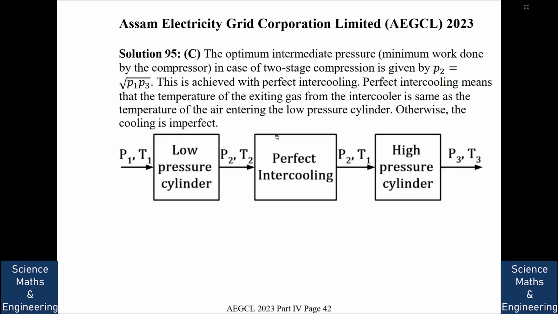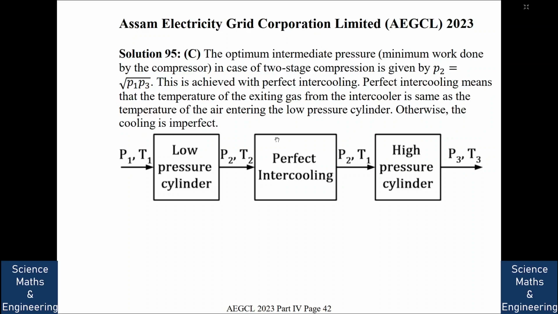So what is perfect intercooling? Perfect intercooling means that the temperature of the exiting gas from the intercooler is the same as the temperature of the air entering the low pressure cylinder. Otherwise the cooling is called imperfect. Why do we need intercooling? After the air has passed the low pressure cylinder, it has increased pressure and temperature.